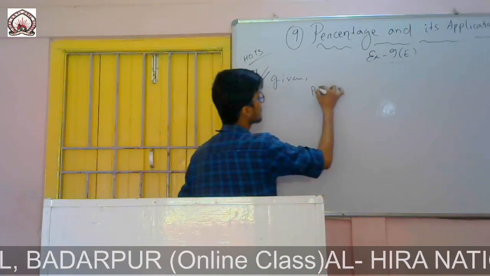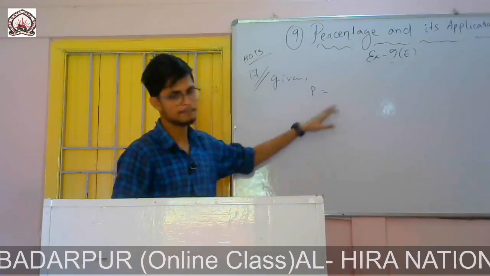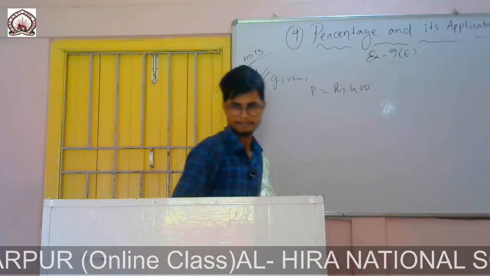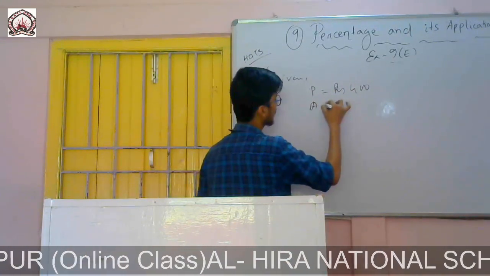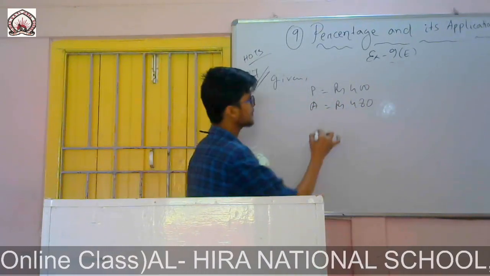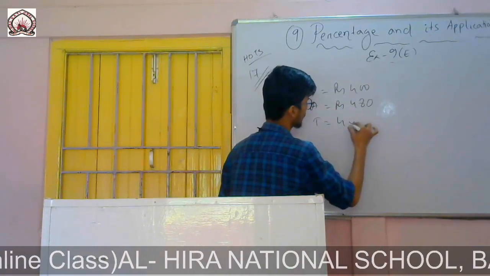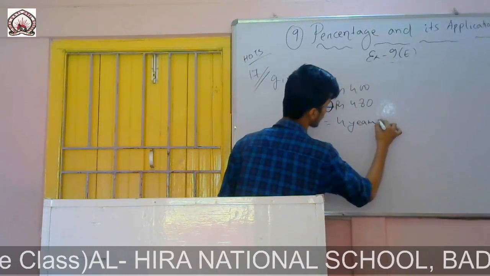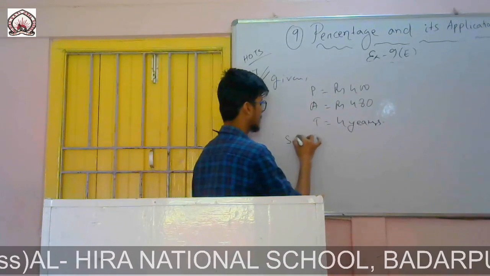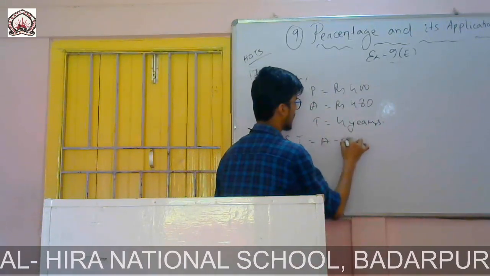Given principal, you write P. Principal is rupees 400, amount is rupees 480 and time is 4 years. We know simple interest equals amount minus principal.